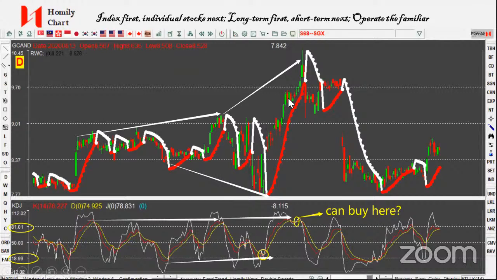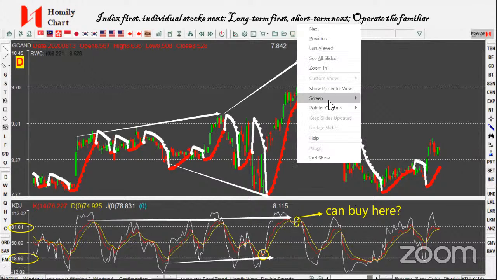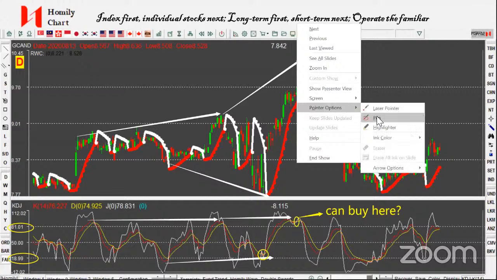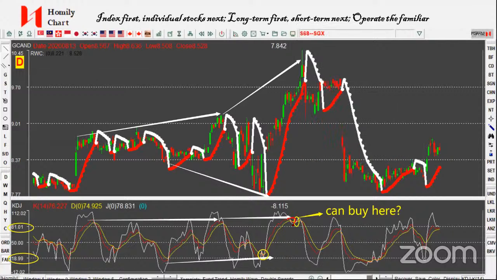Okay, so after this forceful rally here, we continue to check the high point here, becoming higher and higher. But we check the K line, the red line here, the high point is also roughly going flat. So this is another time of bearish divergence. Then after the bearish divergence, can you see here we have a dead cross? Dead cross, we sell, right?